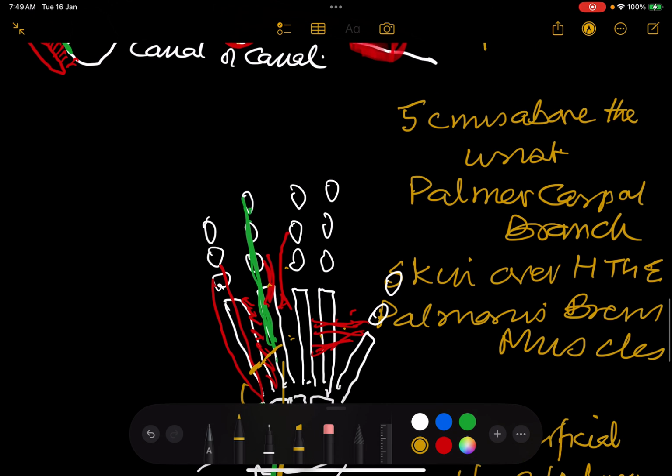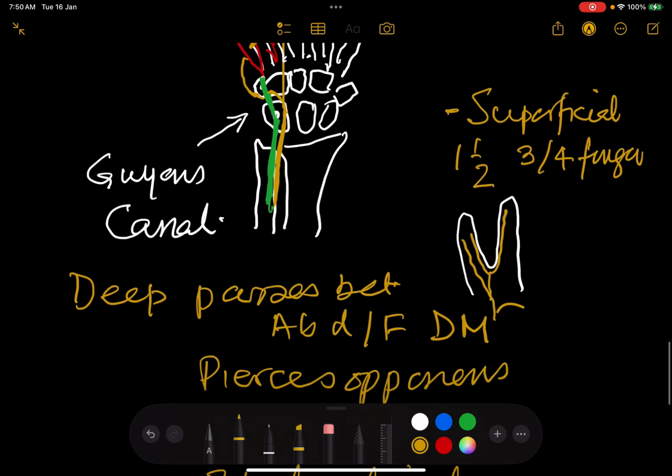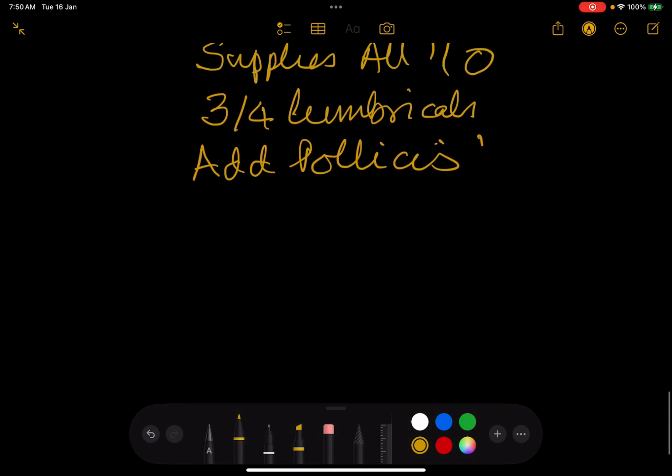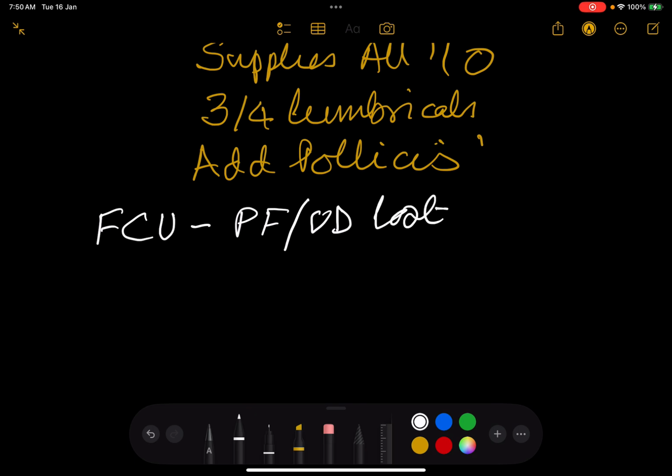So if we want to find out what will happen if the ulnar nerve is paralyzed, what will be the effect? The flexor carpi ulnaris will be paralyzed. Therefore, palmar flexion and ulnar deviation of the wrist will be lost, as flexor carpi ulnaris produces palmar flexion and ulnar deviation.